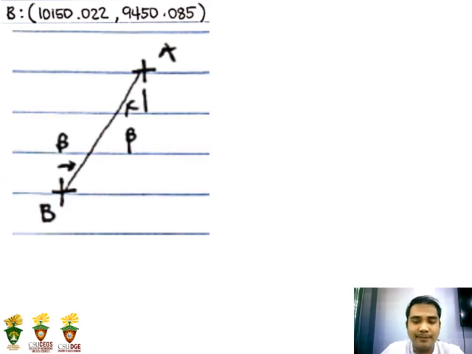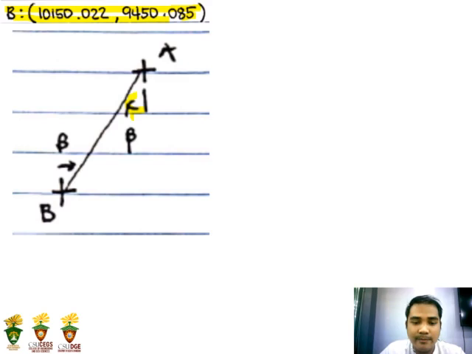Alright, since we are finished getting the bearing from B to C, now we are going to get the bearing of B to A. Where do we start? Since our given coordinates are at B, we need to base on B to get the coordinates of A or C. For this illustration, we denote the angle we got as beta.